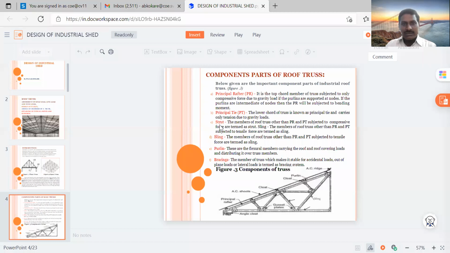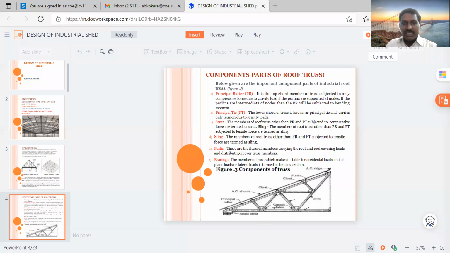Then the third component part of the roof truss is the strut. What is meant by strut? We have learned in the design of steel structures also, the member of a roof truss other than the principal rafter or the principal tie is subjected to compressive load.